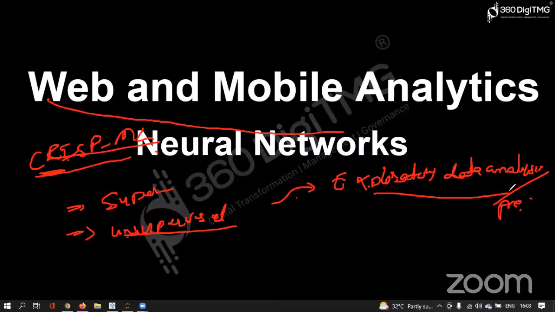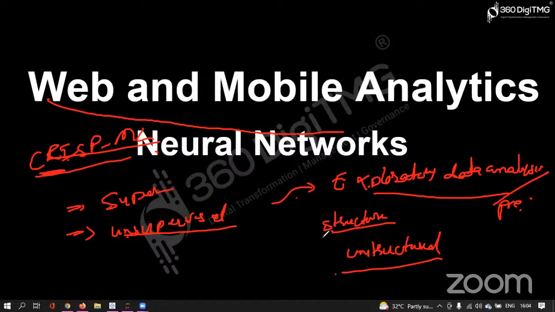We have seen what are the different techniques we'll be using to clean structured data, and also we have seen how can we clean unstructured data. Structured data and unstructured data, you might be having an idea.